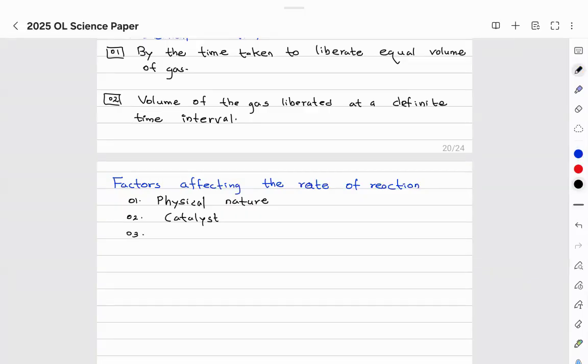Number three, pressure. Number four, concentration. Number five, temperature. These are the 5 factors affecting the rate of chemical reaction. So other factors are not important, right? The factors affecting the rate of a reaction are physical nature, catalyst, pressure, concentration, and temperature.